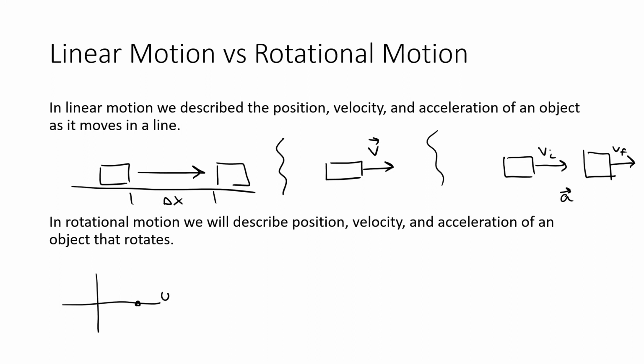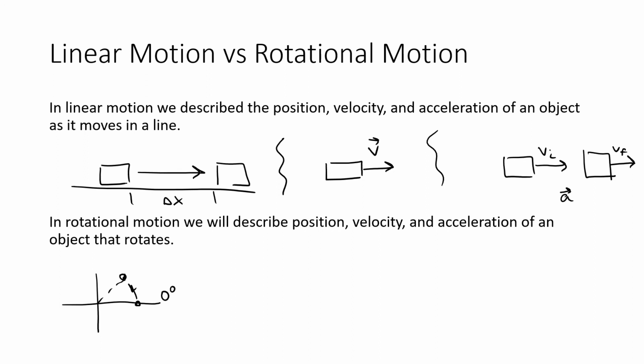This is commonly 0 degrees, or 0 pi in radians. That is position, and we can measure where something's position is as it starts to rotate. This will be called angular displacement. I don't want to do a really bad small picture right here, so I'll save it for the next slide.